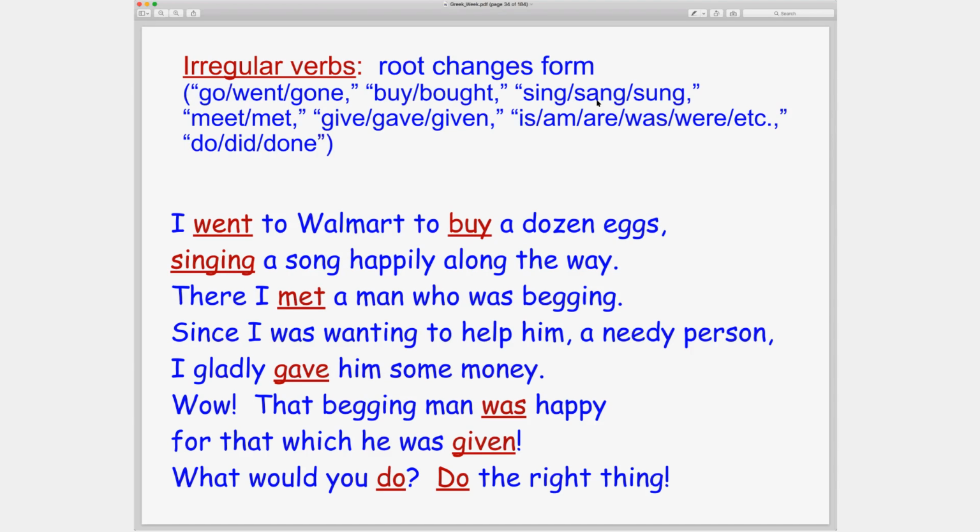I would have said to have bought. I am singing, or perhaps I sang or sung, or had sung. So those are roots that change with the conjugation of the verb.